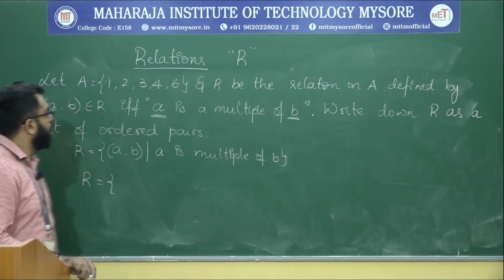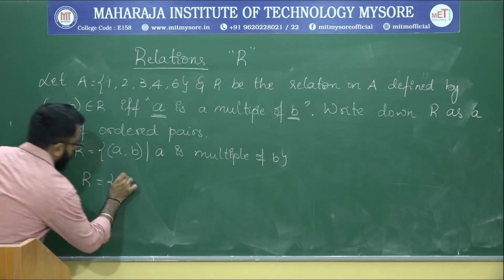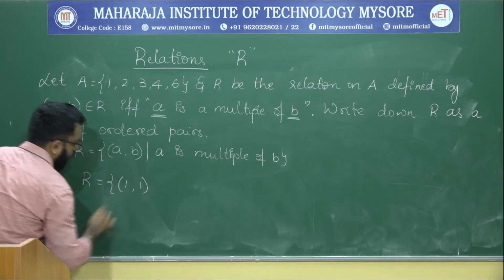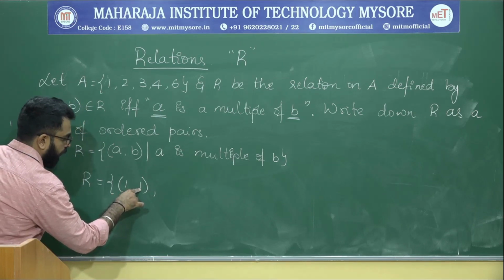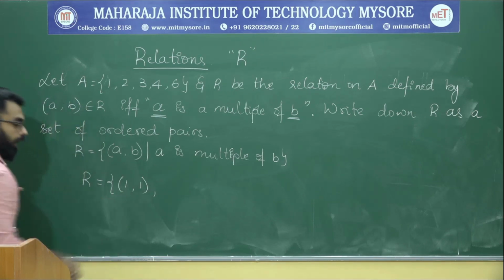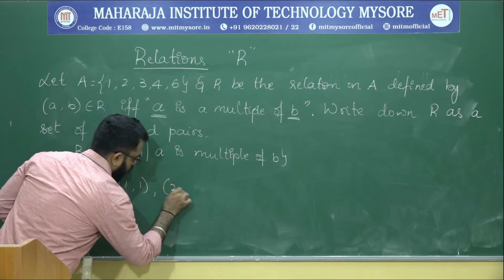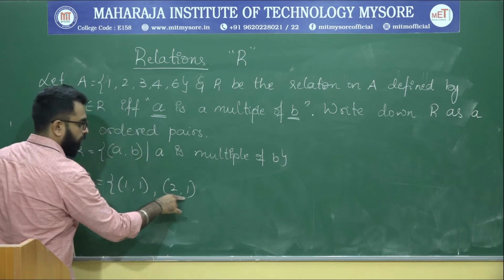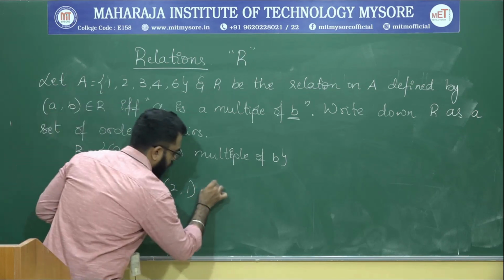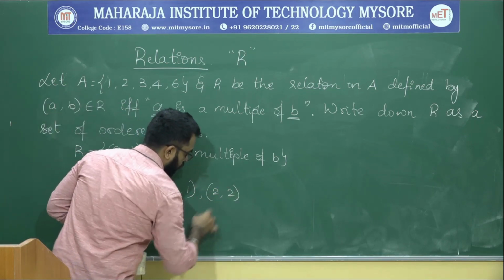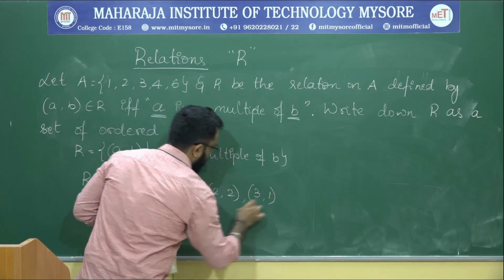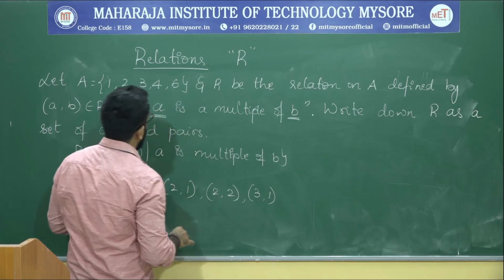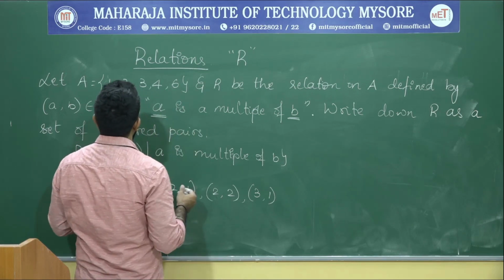Keeping that in mind, if I write (1, 1), then a is a multiple of b. 1 is a multiple of 1. Accepted. Similarly, (2, 1), 2 is a multiple of 1. (2, 2), 2 is a multiple of 2. Then the next it is 3 comma 1. Can anything multiply with the 3?